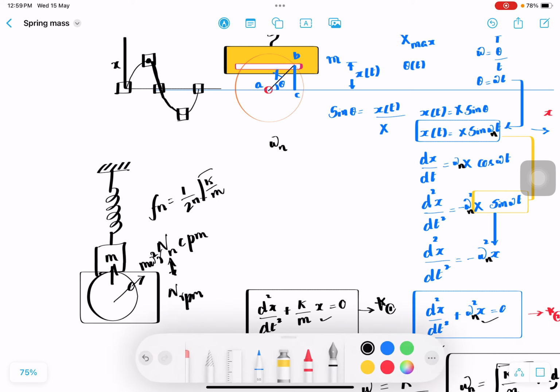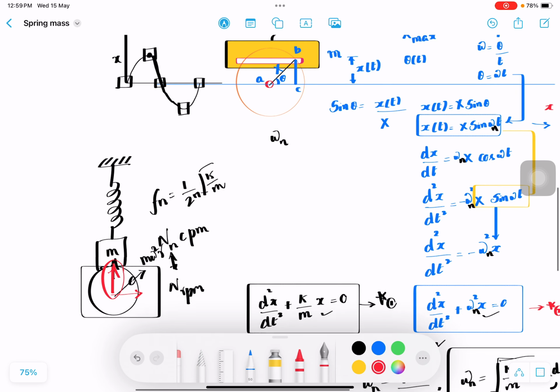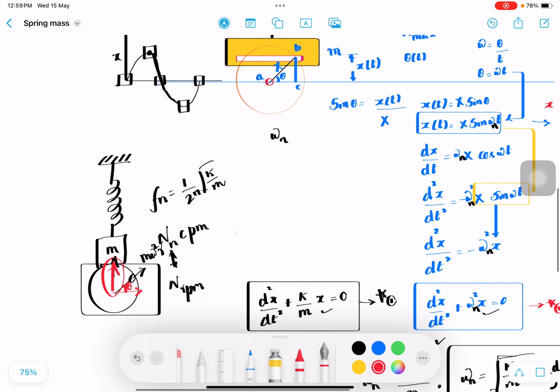If you resolve the centrifugal force into two components, one vertical and the other horizontal, and look at the vertical force, say this is theta, the vertical force is m omega squared r sine theta. Theta can be represented as omega t, so it is m omega squared r sine omega t. This omega should be differentiated from the natural frequency omega n, which has a suffix n.